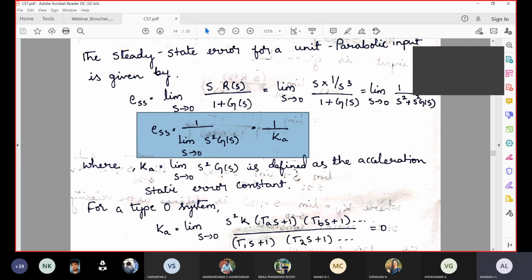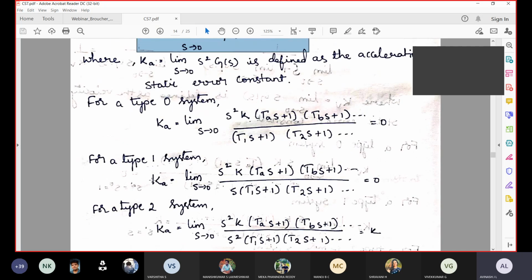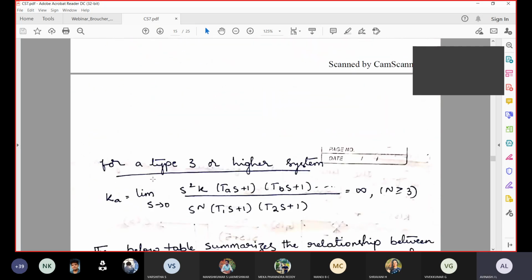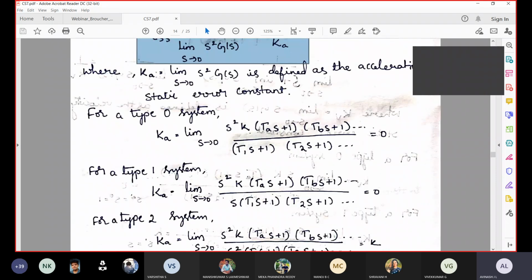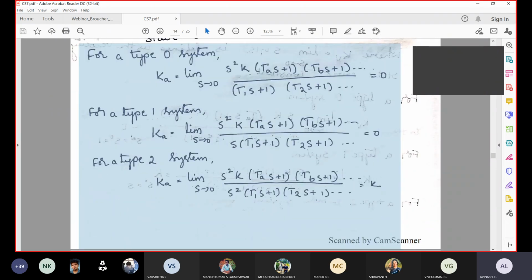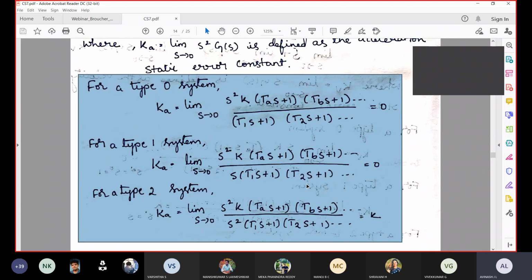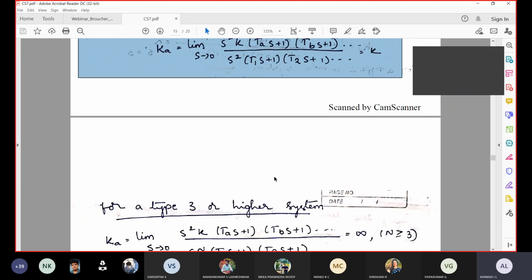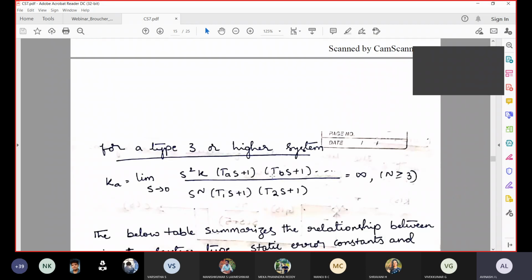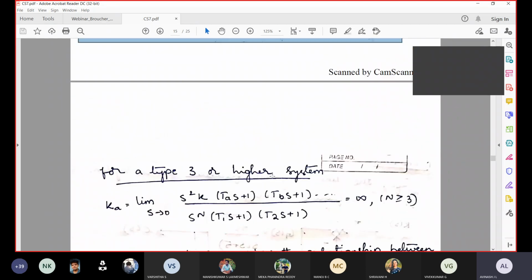So after taking this one, now we can take the types. For a type 0 system, what happens? For a type 1 system, what happens? You can write that similarly. For a type 0 system, Ka will be equal to 0. Type 1 system, Ka will be 0. Type 2 system, Ka will be K. And for type 3 and above, Ka will be infinity.